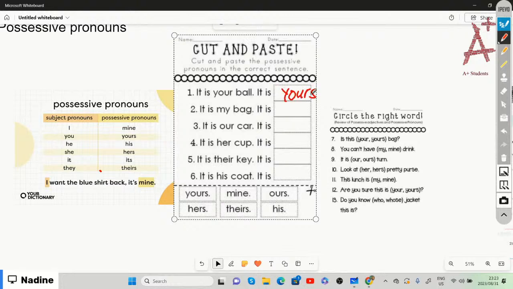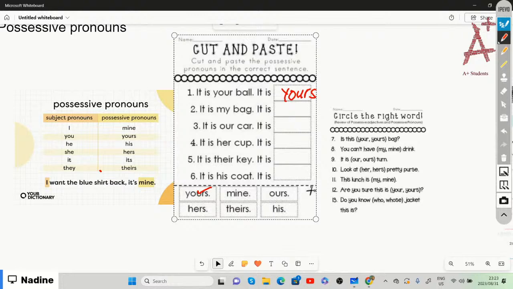It is my bag. So if we say it is my bag, do we say it is mine, it is ours, it is hers, it is theirs, or it is his?